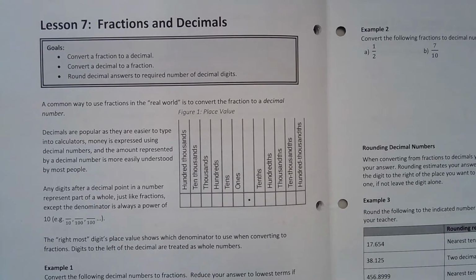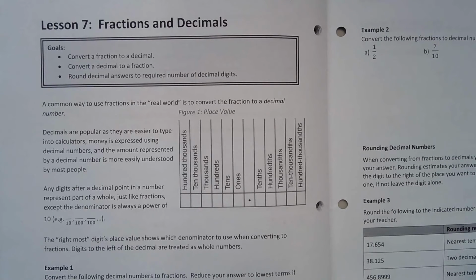Now, the reason it says fractions and decimals, why do you think 7 is called fractions and decimals? We have to convert. Remember I said you can always tell an equivalent fraction, like 3/12 is equivalent to 1/4.